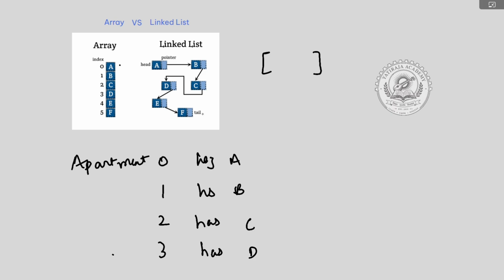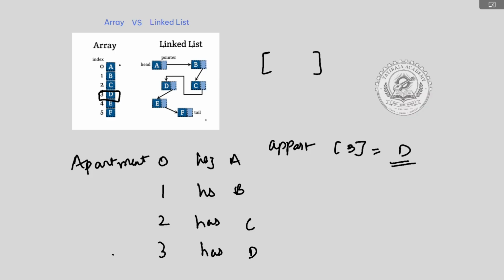To access a particular apartment, D, what do we need to know? We need to know the index, 3. Apartment of 3 is equal to D. You can directly access it. This is called the direct access method.